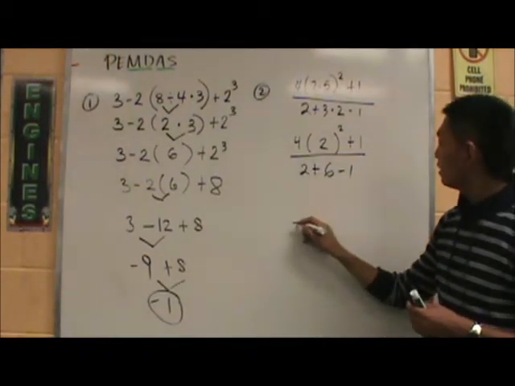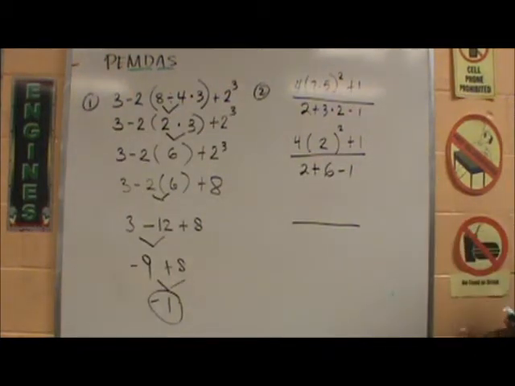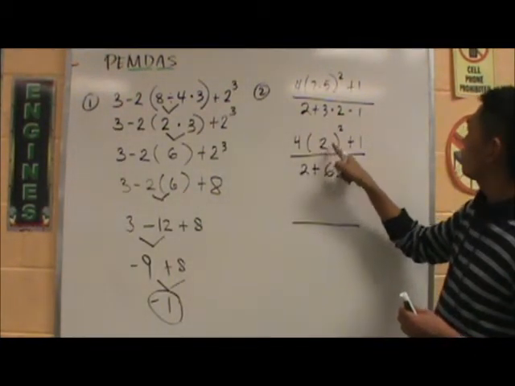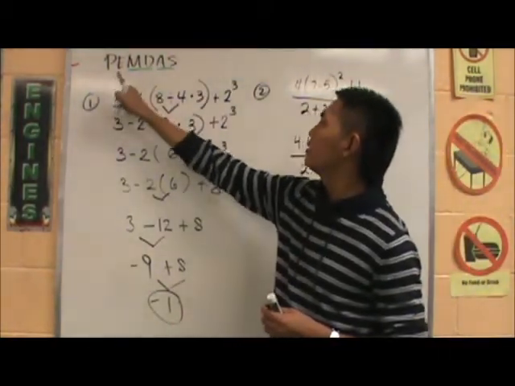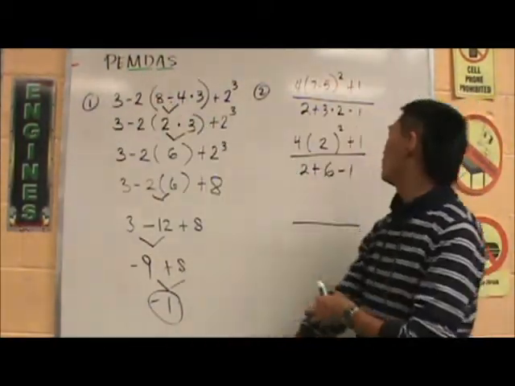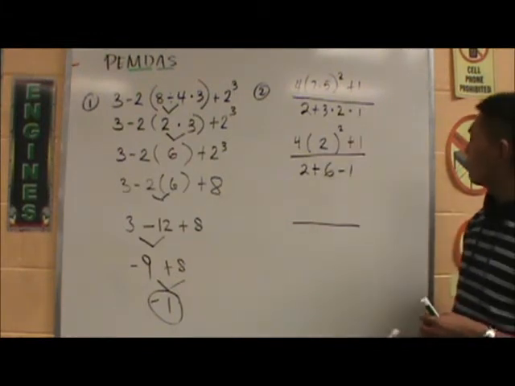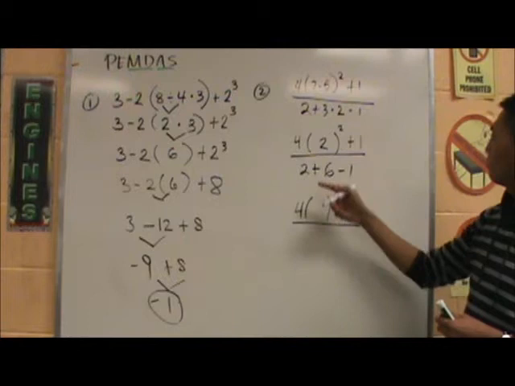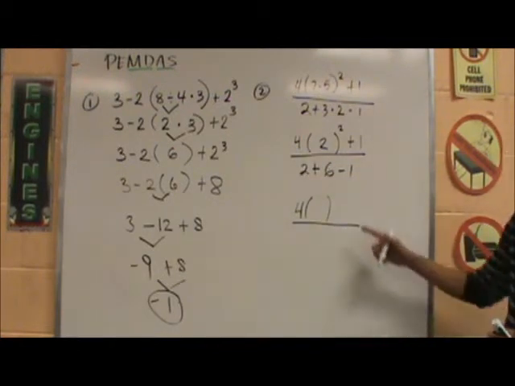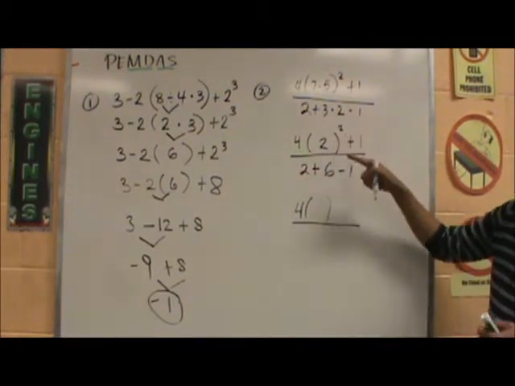Okay, now let's go back to the numerator. Should we multiply first, or should I solve the exponent first? P, parentheses, okay, exponent. So I guess I have to solve the exponent first. Now that I have 4, I'm just going to copy 4 there. And then now you have 2 squared, which is 2 times 2.